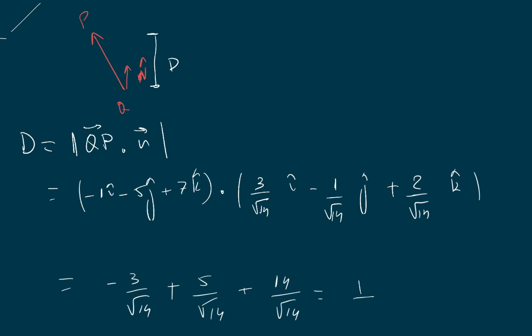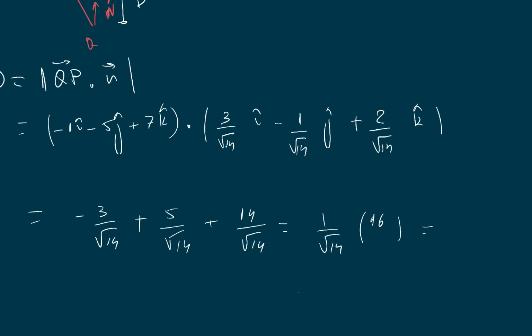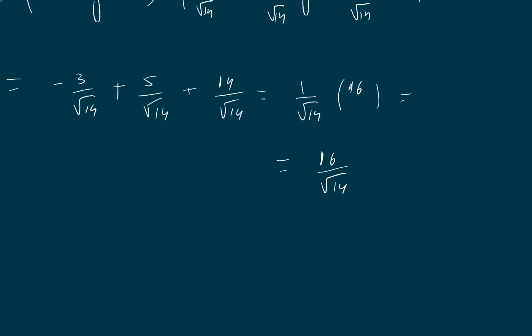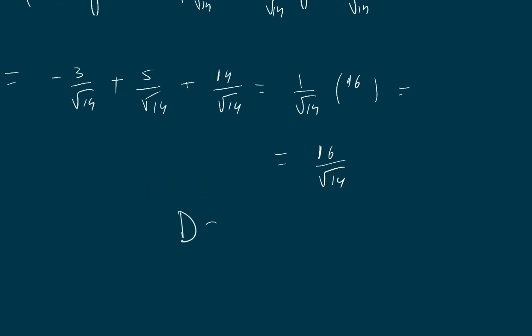This is 1 divided by the square root of 14 times 5 minus 3, which is 2, and 2 plus 14 is 16. So it's positive, good, I don't have to take the absolute value. So the distance D is 16 divided by the square root of 14.